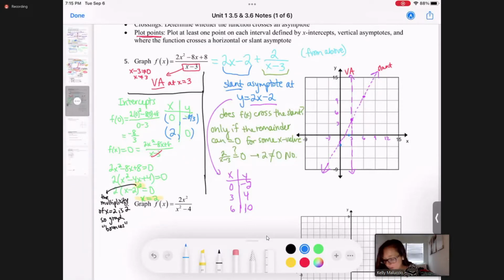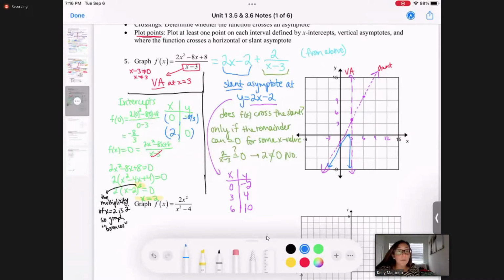And so now I can clearly see what's going to happen here. I know my graph does not cross the slant asymptote. And based on the 2 points here and here that I just graphed, I know that this has to approach the slant asymptote. And remember that bounce thing I was saying? It's going to hit this 2, 0 and bounce back off and approach the asymptote again.